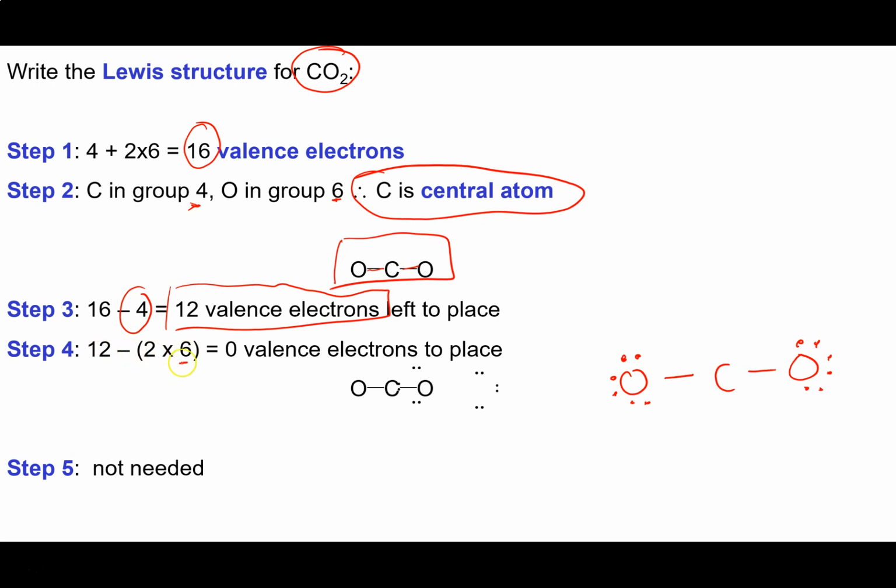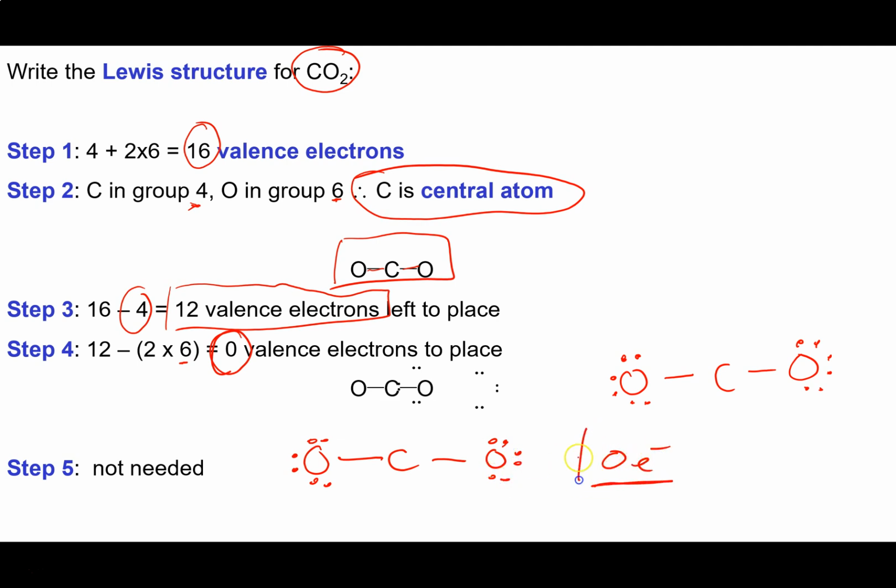So 12 minus 2 times 6, that leaves 0 valence electrons left. So in step 5, I would have added any leftover electrons to my central atom, but I don't have any. So after step 5, it doesn't look any different from after step 4, and I'm down to 0 electrons.